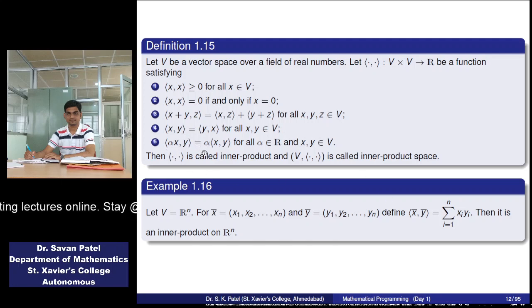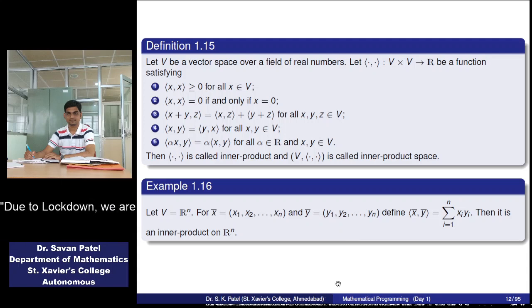So the second property is obvious. The third property is again obvious, since xi plus yi times zi is xi times zi plus yi times zi, and hence the third property. Again, the product xi yi is the same as yi times xi, so the fourth property follows, and alpha can be scaled out from this addition.